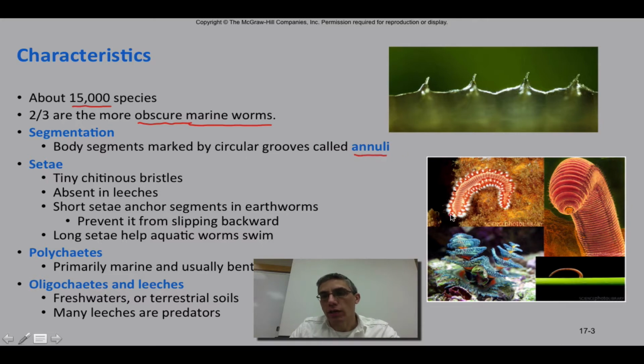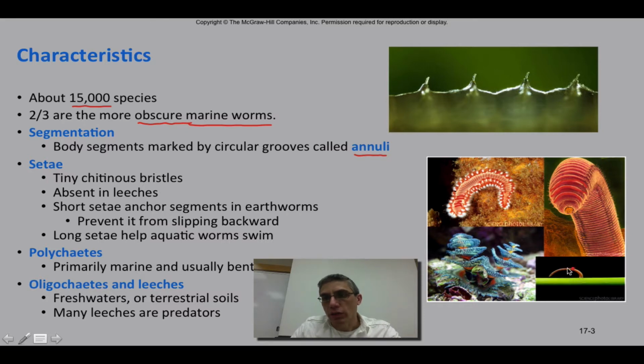If you look at the picture off to the right, you're going to notice that in this particular case of an earthworm, you can see the annuli right through here. A little across to the left of this earthworm, we have an example of a marine worm, and again, you can just barely see the annuli that make up each of the segments in this worm as well.